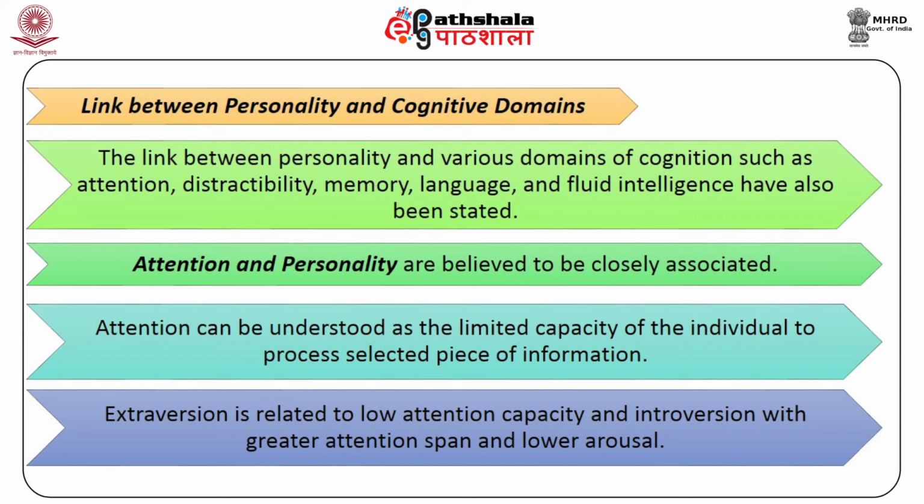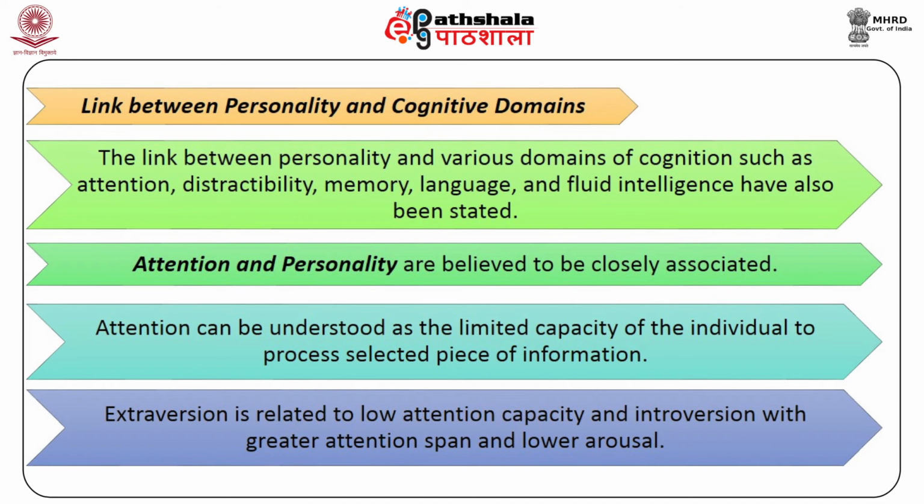The link between personality and various domains of cognition such as attention, distractibility, memory, language, and fluid intelligence have also been stated. Attention and personality are believed to be closely associated. Attention can be understood as the limited capacity of the individual to process selected pieces of information.